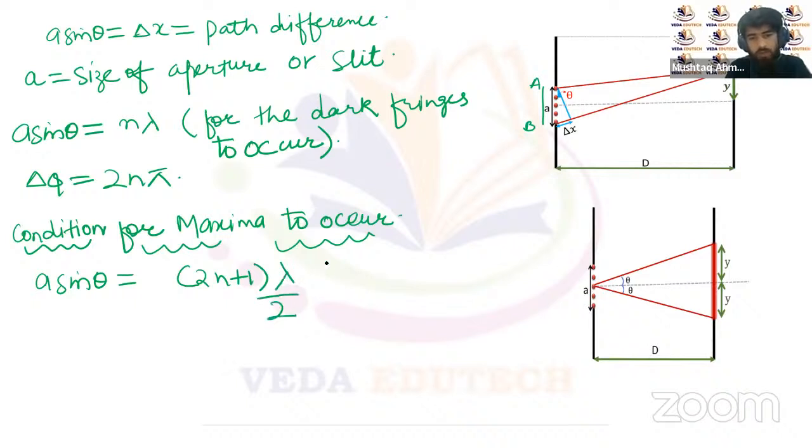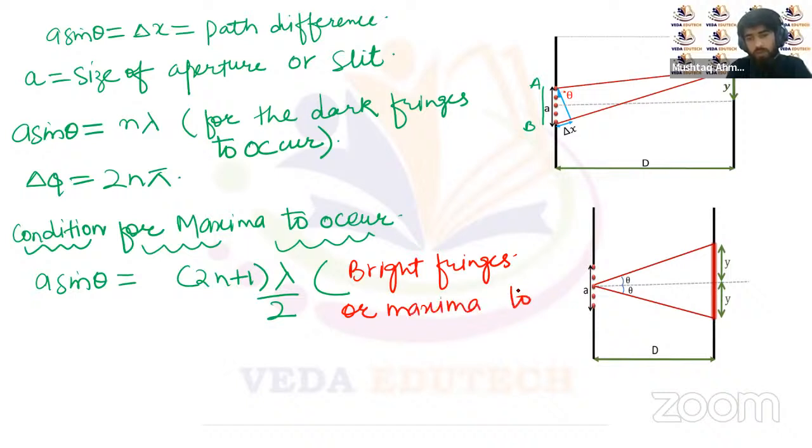This is the condition for the bright fringe or the maxima.